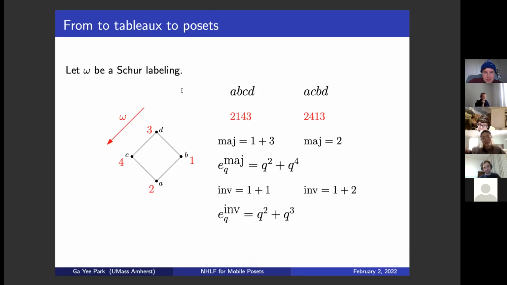Yeah. So here was the story. I believe in Stanley's book, when he is translating between tableau and poset, he rotates it in a certain way and then labels it. For some reason, when I received this project and I was rotating posets and tableaus, I rotated the opposite way. And by the time that I realized it, it was too far into my game to change it all back.